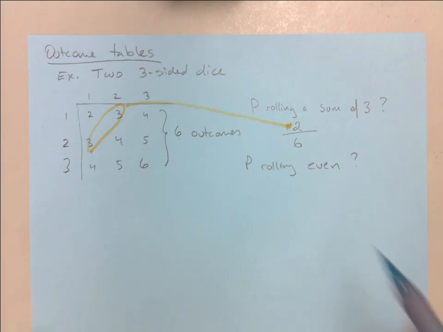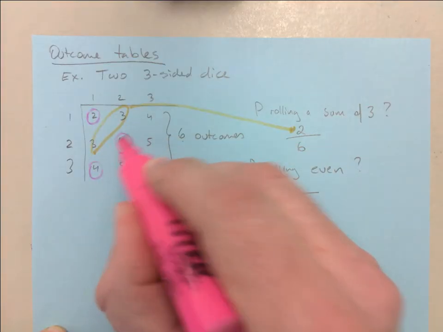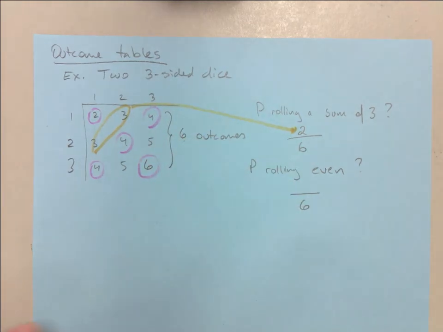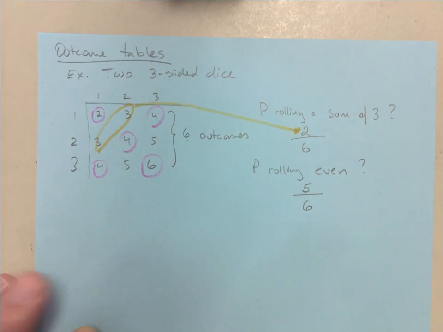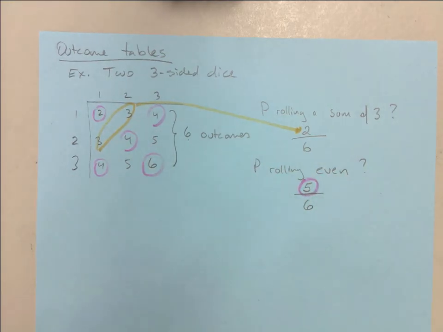How many even sums can you have? Let's see here. There's this one, 2. Right, 1, 2, 3, 4, 5. There are 5 even sums there. And I will make a note that, right, the circled ones are my even sums, okay?